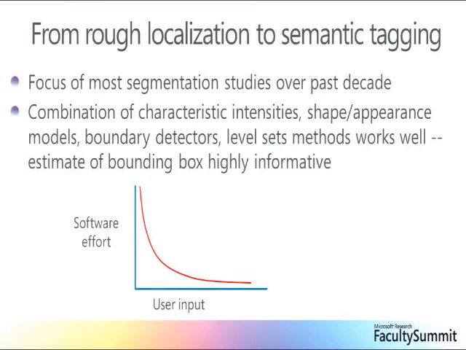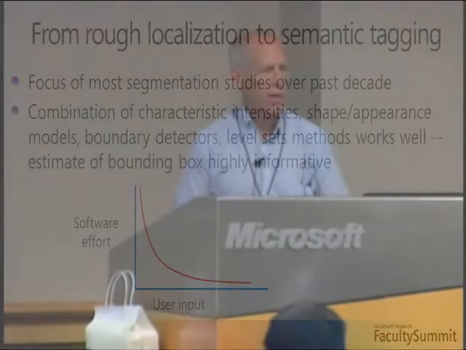So, as I mentioned, the step from rough localization to semantic tagging actually builds on what the image processing community has been working on for the last 20 years in medical imaging specifically. And once you have a rough idea of where an organ is, we have many, many methods for refining that estimate.